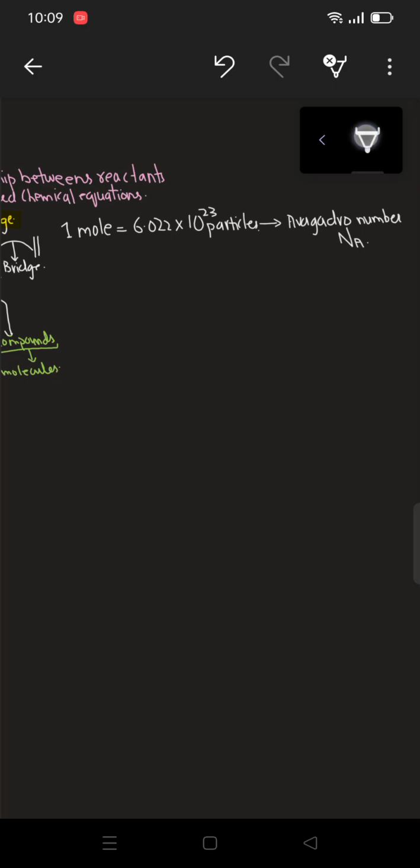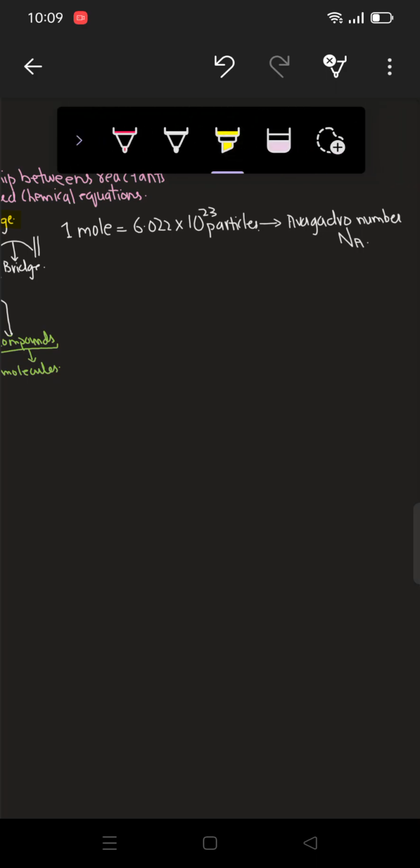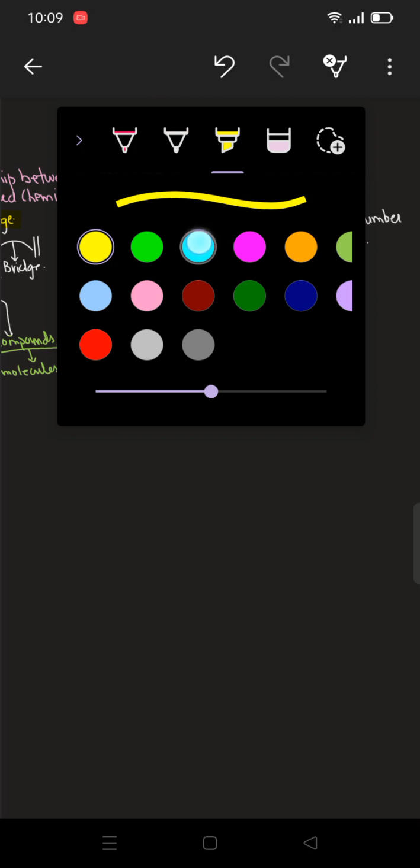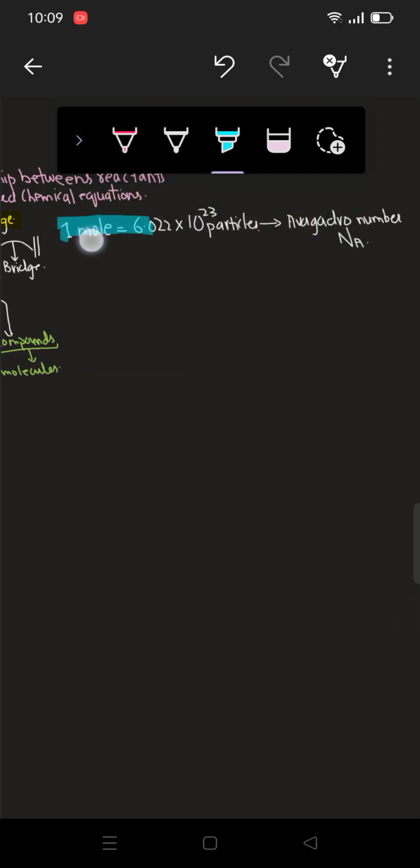So 1 mole has 6.022 into 10 to the power 23 particles, and it is denoted by N A.